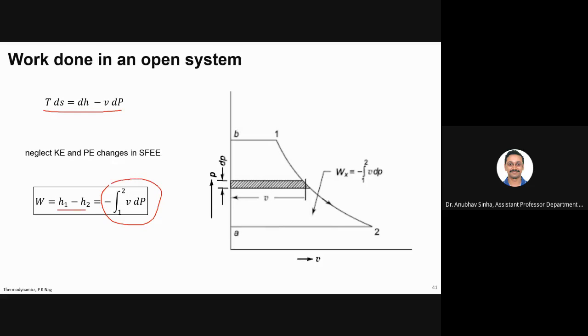Generally we talk about work as pdV, but by using entropy, we can also see that for an open system, especially when we are using the steady flow energy equation, we can get work by integrating vdp like this. So this is your process from 1 to 2. The area under this curve, the area with the y-axis, will give you the work done.